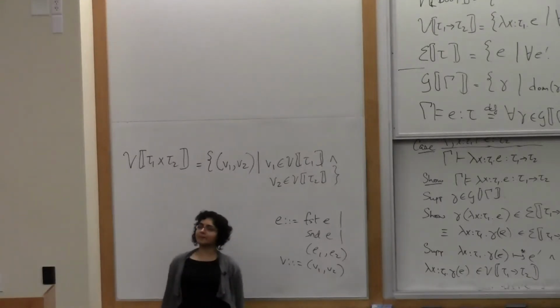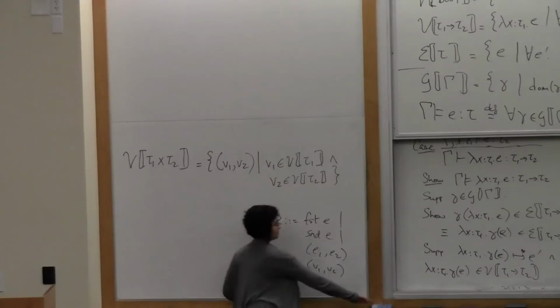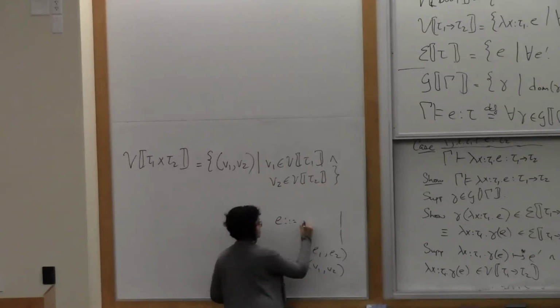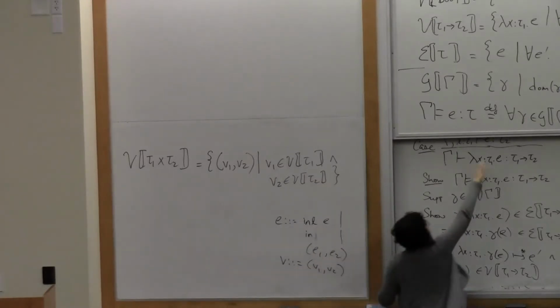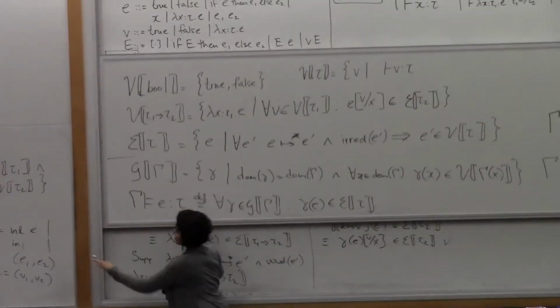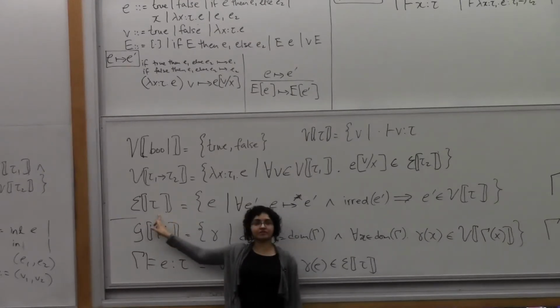How about sums, tagged sums? So let's say we add in left, in right. Actually, let's ignore sums for a second. We haven't done E of tau1 cross tau2.